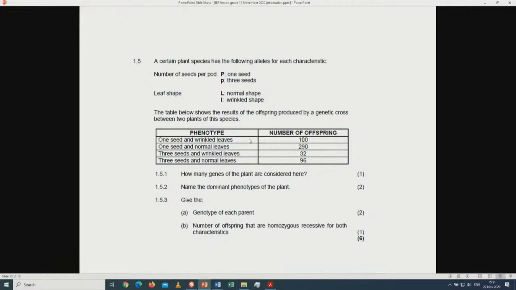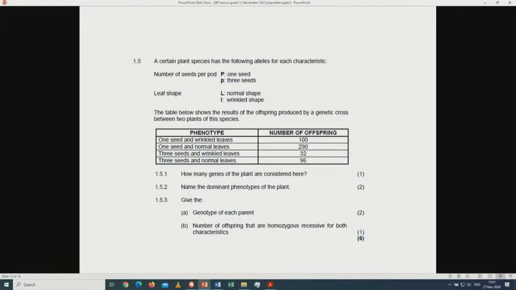So if it is one seed, it will be capital P, wrinkled is small l, or it will be capital P, small l.